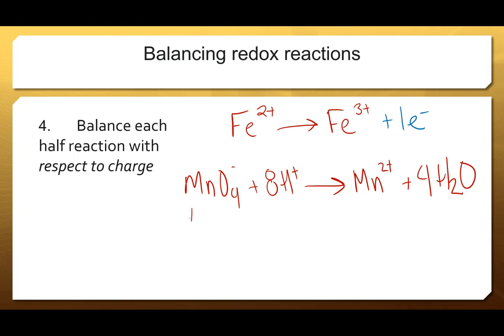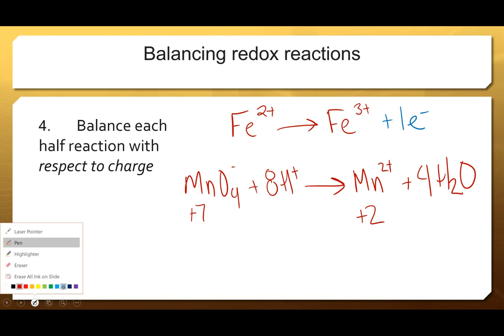So remember, manganese was a 7+ and a 2+. So going from 7 to 2, that's a reduction, it's being reduced. So reduction, gain, electrons, reduced. So it needs electrons in order for this to happen, right? So the electrons are going to go on the reactant side.